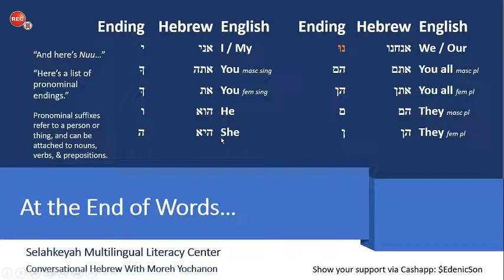Okay, and so you'll see a lot of Hebrew words, and you'll find the root word, and then you have these extra letters dangling on the end, and these letters are the pronominal suffixes. You also have pronominal prefixes. You have attachments that go at the end of words, and you have attachments that go at the beginning of words.